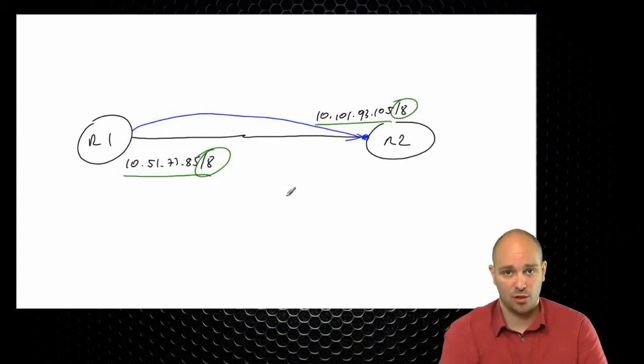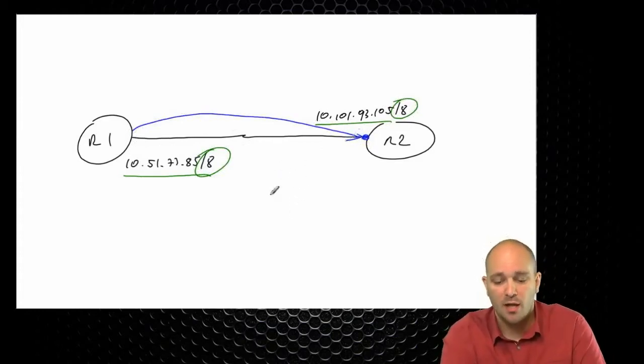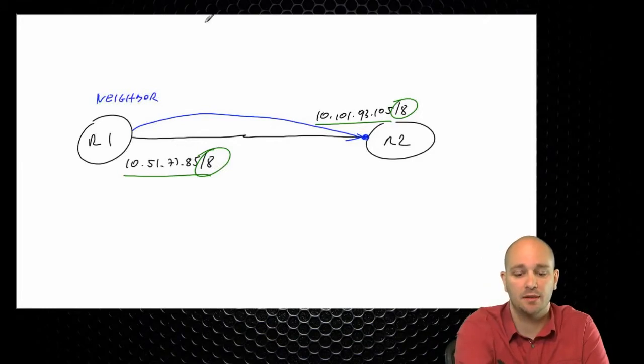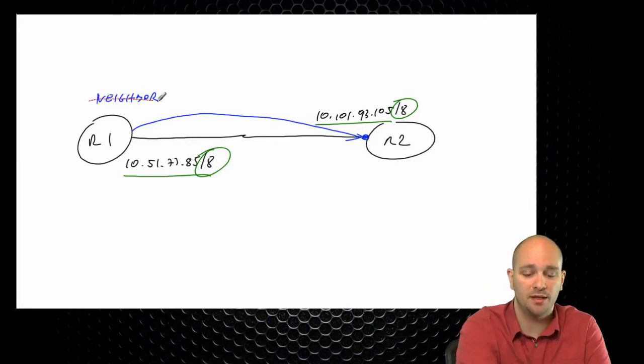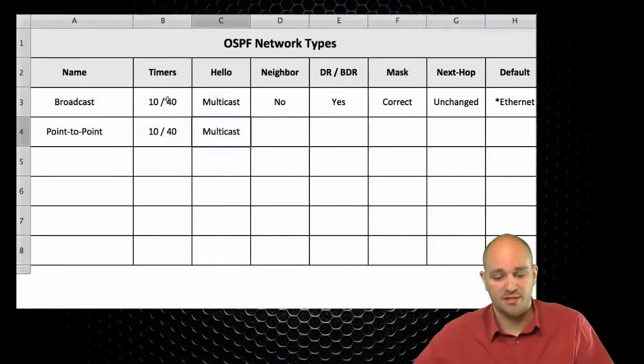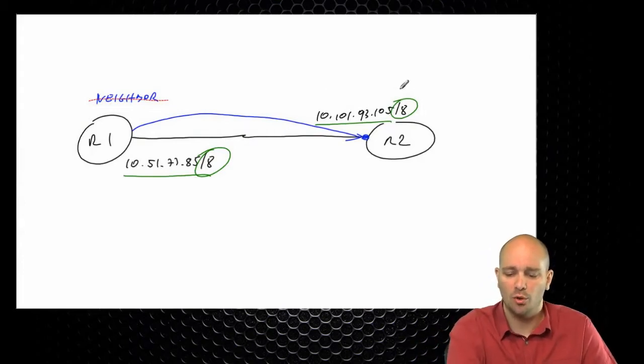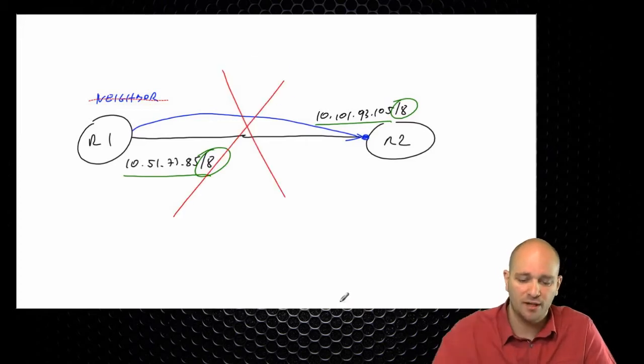Now, the only way I can know the IP address of the neighbor is if I manually configure it with the neighbor statement. But for point-to-point network type, there is no neighbor statement in use. We don't have to configure the neighbor statement in order to use point-to-point network type. So how do routers know what the IP address on the other side is? They don't, because they don't care about it.